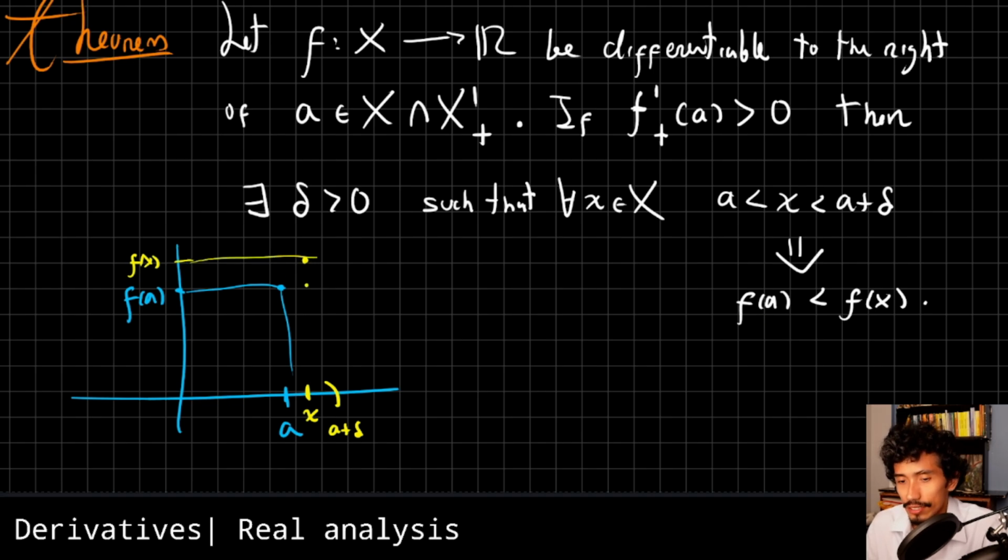And so does it mean that it is increasing? It is increasing to the right. Well, what does it mean to be increasing to the right? So what happens if it is always bigger than f of a, but it is not monotonous at any point?